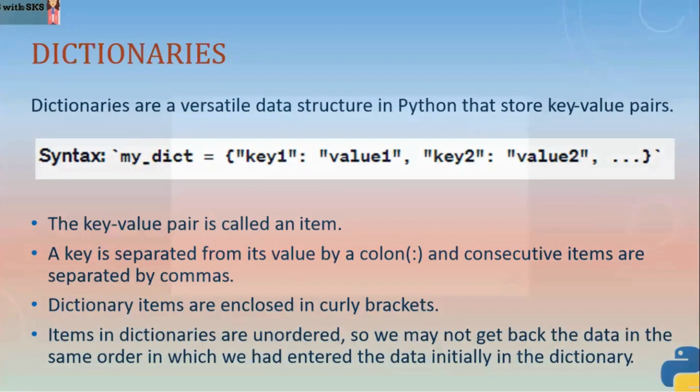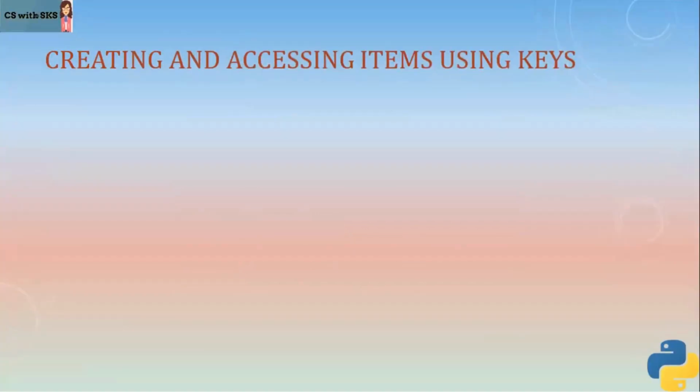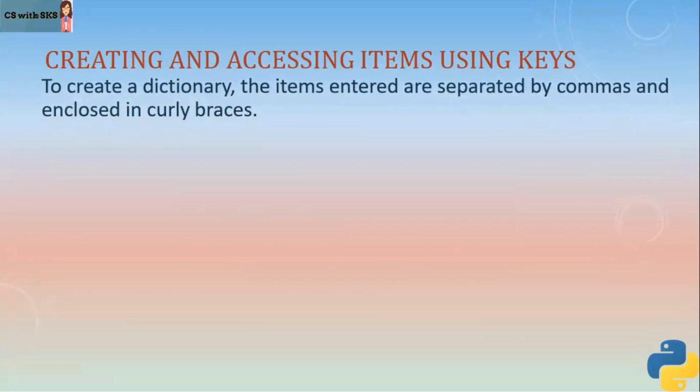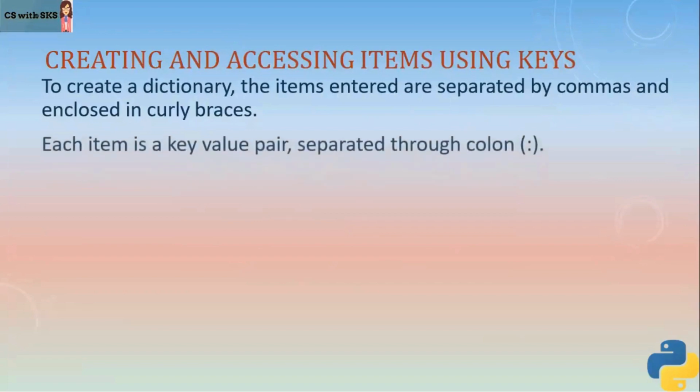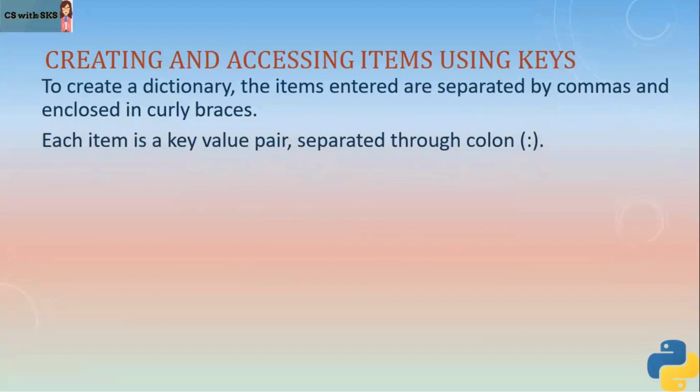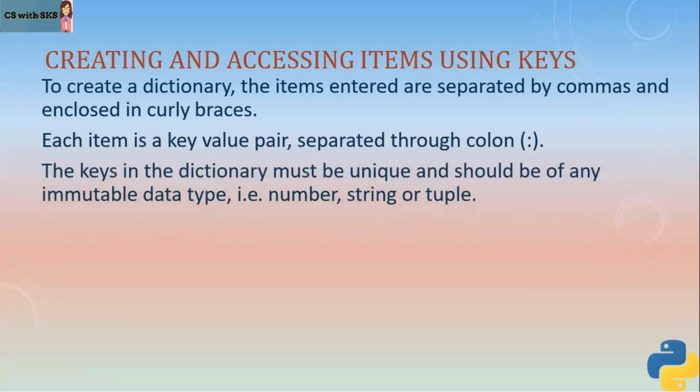Okay. Now, creating and accessing items using keys. So to create a dictionary, the items entered are separated by commas, as we have seen in the previous slide, and enclosed in curly brackets. Each item is a key value pair and separated through colons, that also we have seen.